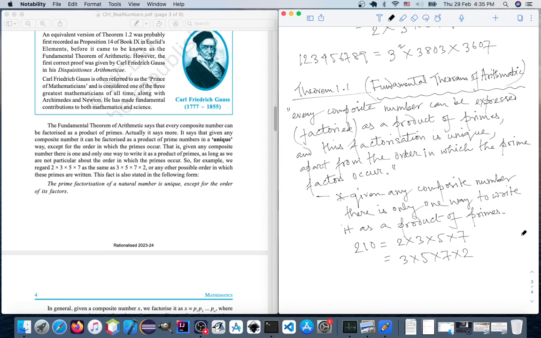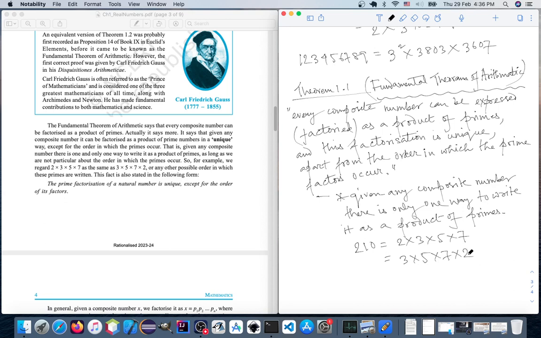The second factorization still gives 210, but it is no different from the first factorization, because in both these factorizations we still have the same prime numbers as the factors, like 2, 3, 5 and 7, and the powers of all the prime factors are the same. That is, all the powers of all the prime factors are 1.